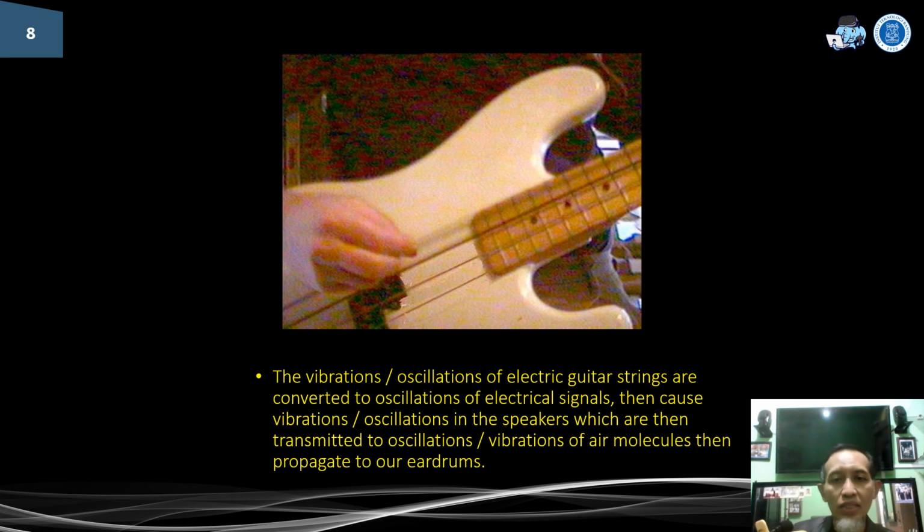The vibration or oscillation of the electric guitar string is converted to oscillation of an electrical signal. So from vibration of the string, it is converted to oscillation of an electrical signal, then causes vibration or oscillation in a speaker, which is then transmitted to oscillation or vibration of air molecules, and then propagates to our ear drum.